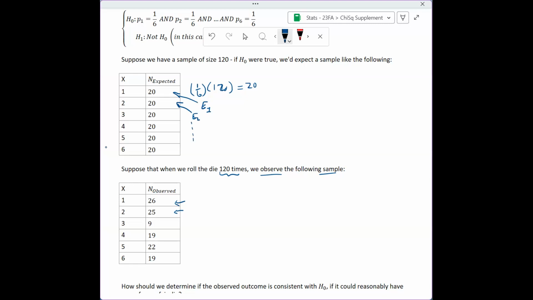These are the expected number of rolls that result in a 1 that we would get, the expected frequencies. And we'll call these the observed, like O sub 1, O sub 2, and so on. These are the observed data from the actual real world, from the actual die that we're rolling. We got actually 26 1s, 25 2s, and so on.